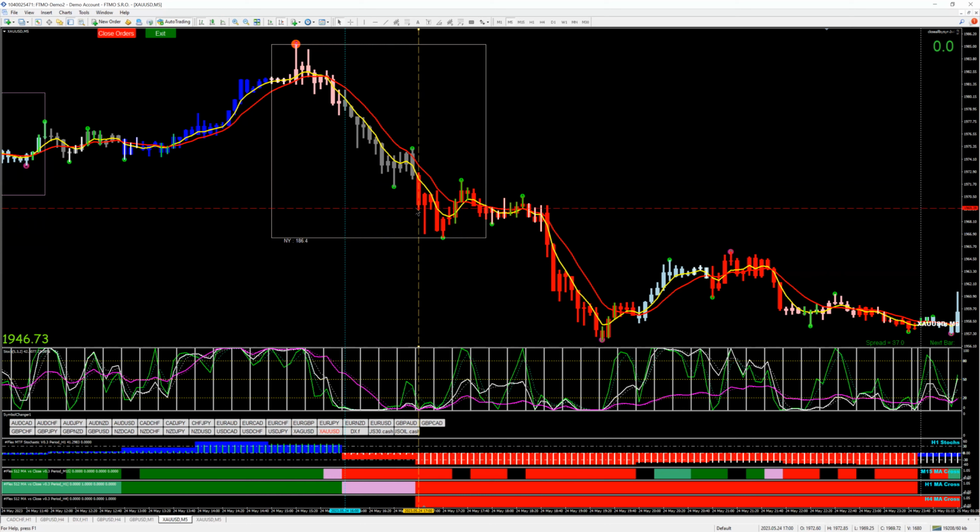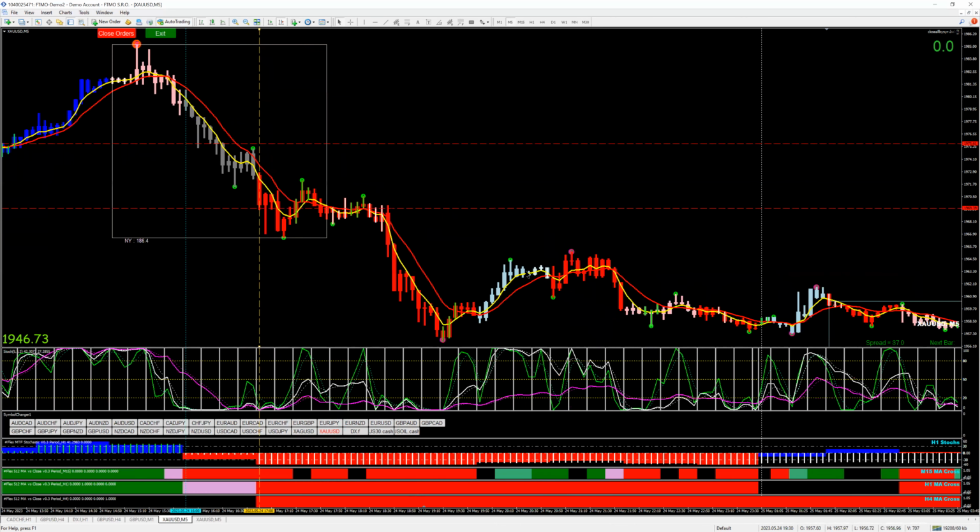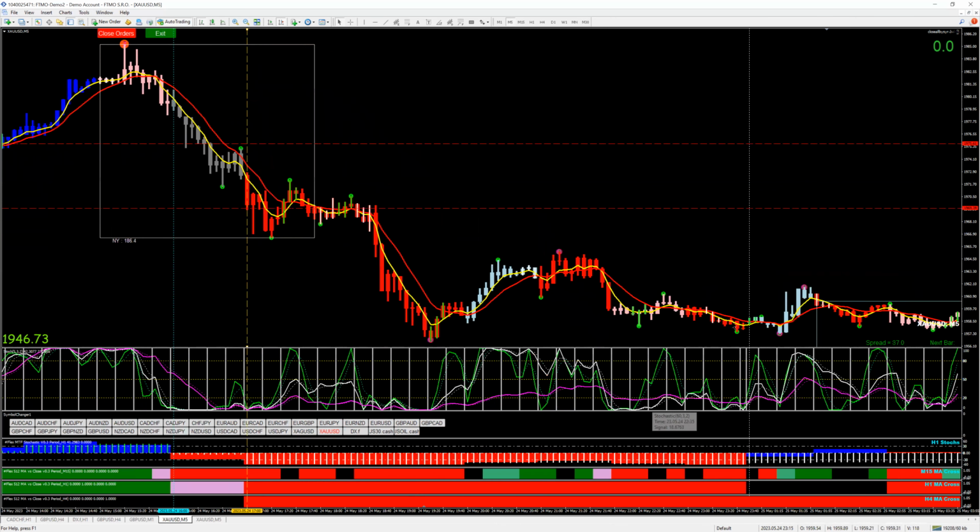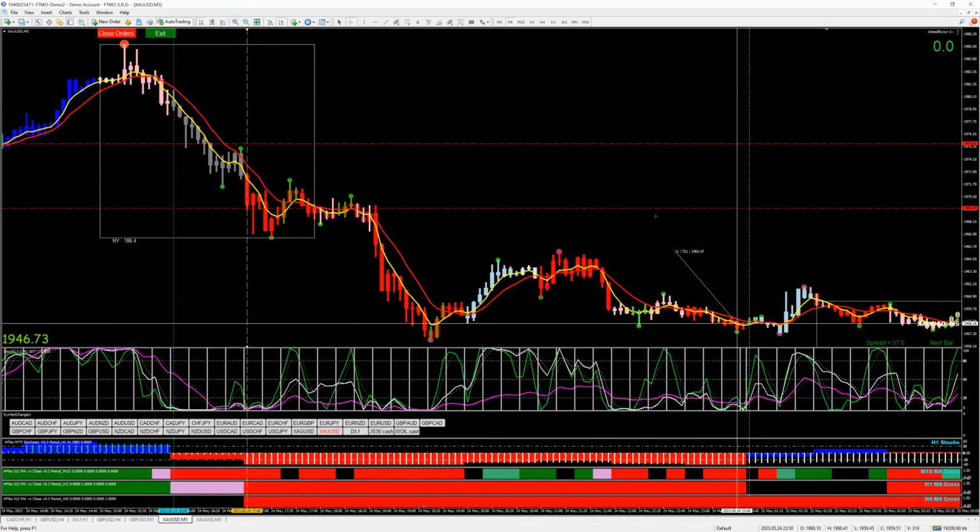So we take an entry there, the stop loss here, and we see this doesn't give up till the end of the day. So the end of the day is 106 pips. So there's that.